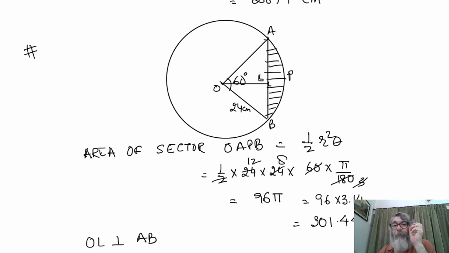You know, if from the center of a circle a perpendicular is dropped to any chord, it bisects the chord, and also it bisects the vertical angle. So angle AOL will be equal to angle BOL will be equal to 30 degree. Also, AL will be equal to LB. This is a property of circle.